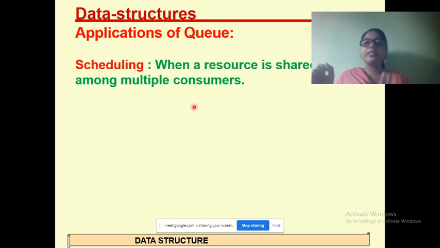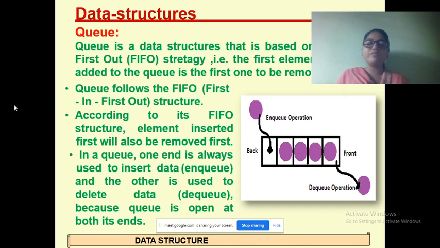So that printer will manage one list or one queue, and say Manoj gave that command first. After that Smriti, then say Hardik, Priyanka, Priyanshu. So everyone's print command will be here, and the first one who gives that command, his print will be given first.